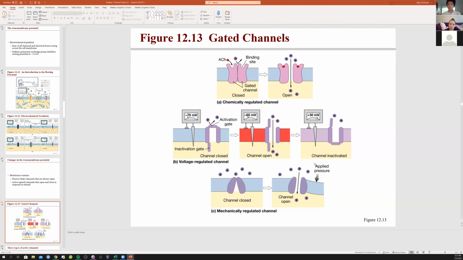When we were talking about sodium, we opened all of the sodium channels. There's more sodium in the exterior of the cell, so sodium wants to come in. If you don't understand the logistics of it, just memorize this.